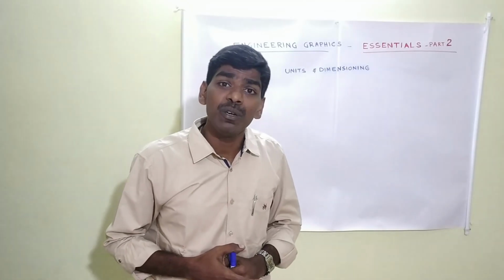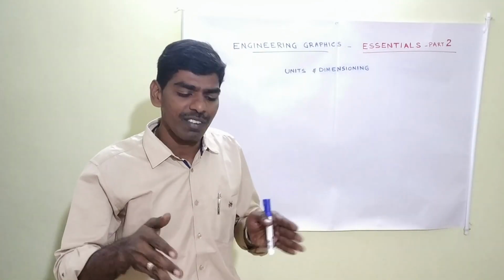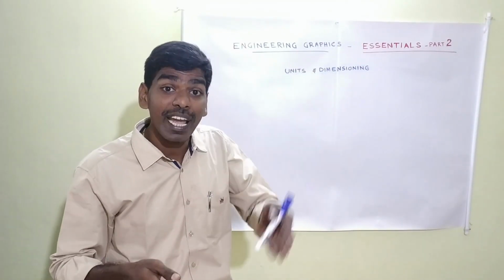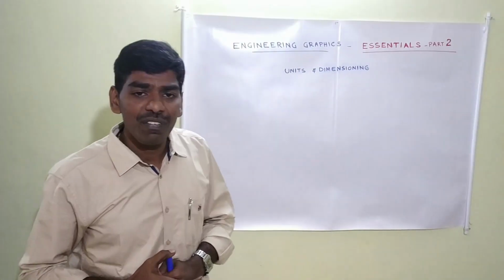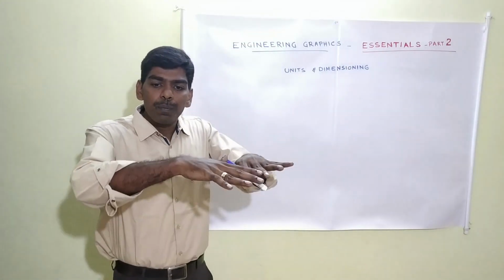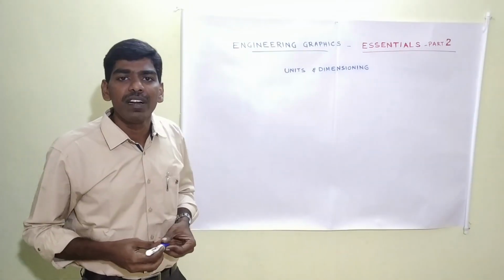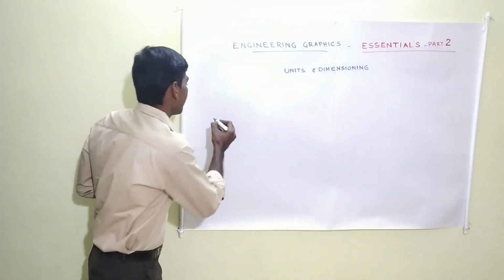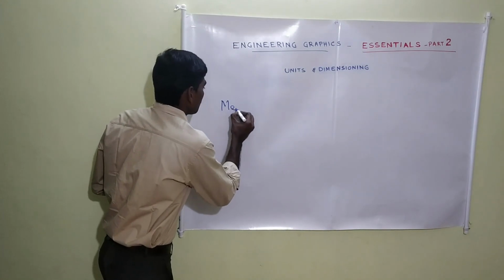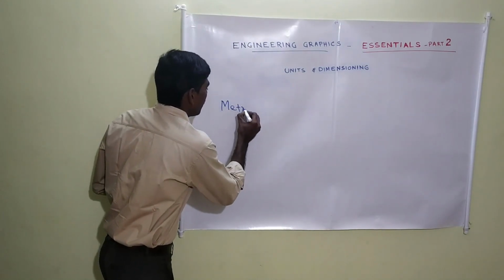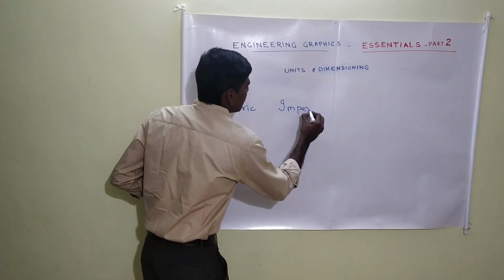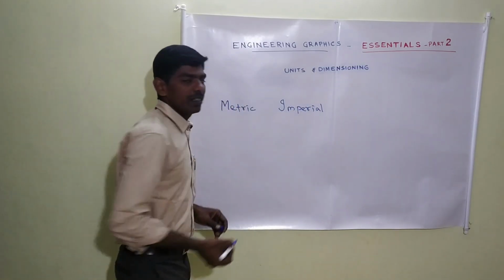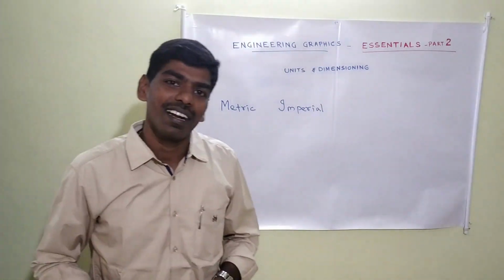The units that are being used for length change from place to place, from time to time, even from people to people. In general, if you look at the popular units among people, we can make a note like this. It's metric and imperial.